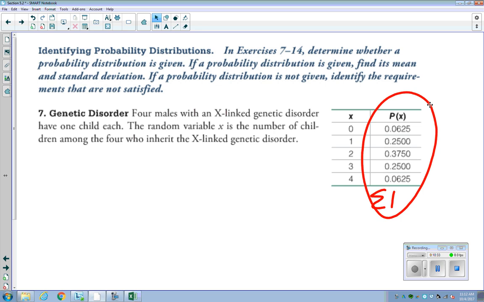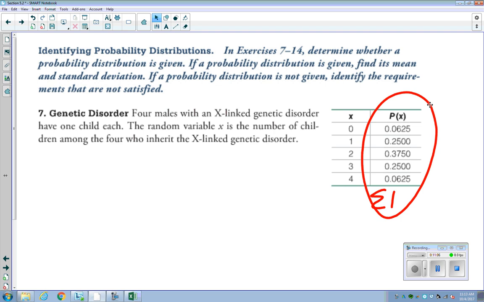So first off, it says genetic disorder. 4 males with an X-linked genetic disorder have 1 child each. The random variable X is the number of children among the 4 who inherit the X-linked genetic disorder. Is that a continuous or discrete random variable? Discrete, yes, because it's counting the number of children.